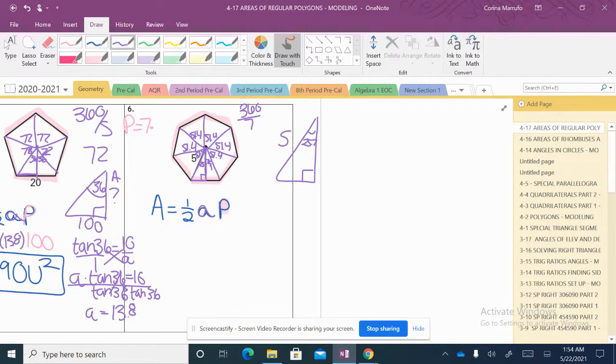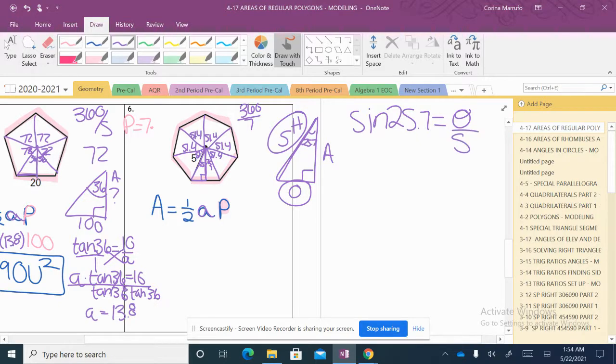Okay. So now we're going to need both of them. We're going to need both the opposite and the adjacent, but what they do give us is the hypotenuse. Okay. So if I first want to find the opposite, I'm going to use O and H, which is sine. So sine of 25.7 equals my opposite. We don't know. I'm going to leave it as an O over my hypotenuse, which is 5. Okay.